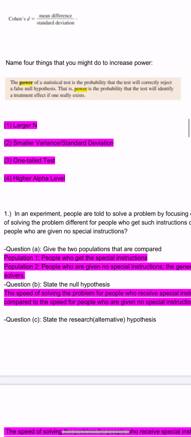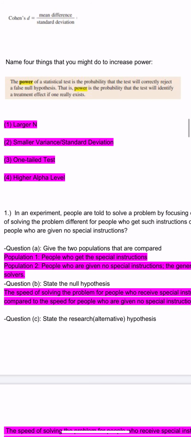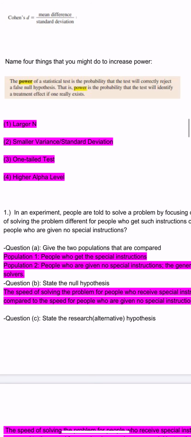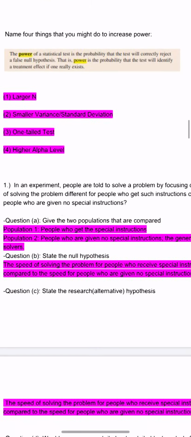Again, a one-tailed test, as I explained before, gives more power because it is easier to reject the null hypothesis using a one-tailed test, since the critical values that come along with a one-tailed test are smaller than the critical values with a two-tailed test.